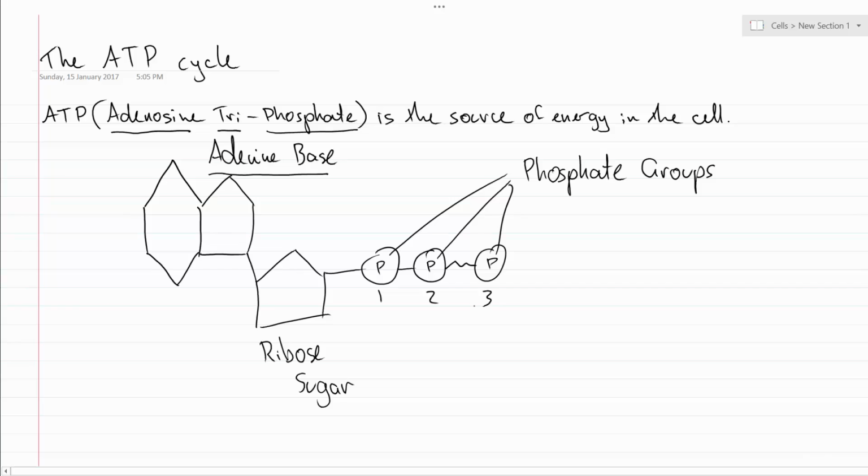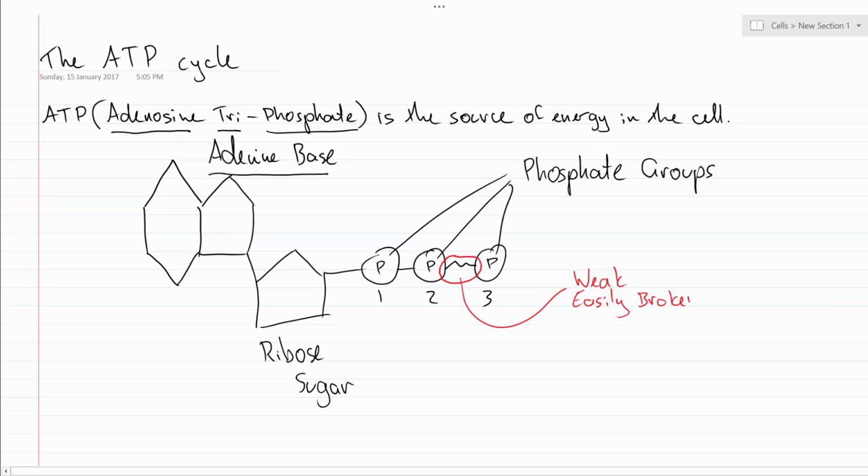Now, what you'll notice is that I've drawn in the bond between the second and the third phosphate. I've drawn that bond in with a bit of a squiggly line, and there's a reason for that. It's because this bond is weak and it's easily broken.